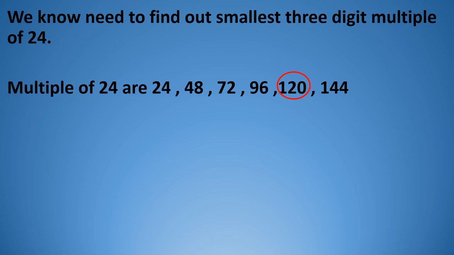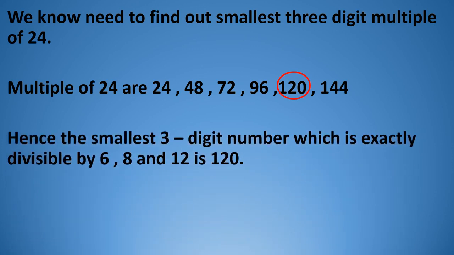Now see, 24 is a 2-digit number, 48 is 2-digit, 72 is 2-digit, 96 is 2-digit, but 120 is a 3-digit number, and we have to find out the smallest 3-digit number. 144 is also a 3-digit number, but that is not the smallest one. 120 is the smallest one. So hence the smallest 3-digit number which is exactly divisible by 6, 8 and 12 is 120.